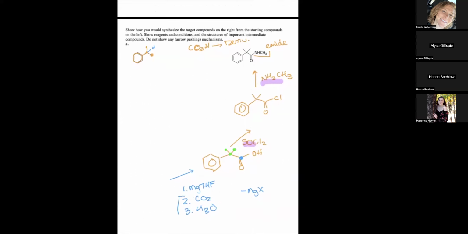I could do this out, but I want to show you both steps, so I'm only going to do it as a one step situation. You would have your Grignard reagent, whatever this is, and we'll talk about that in a second, and then you would have your CO2. Then this next step, but we're just going to add them all together to get this, because we know that we can extrapolate that. So this is one way, your Grignard reagent. Grignard is a way that we can make carbon-carbon bonds.